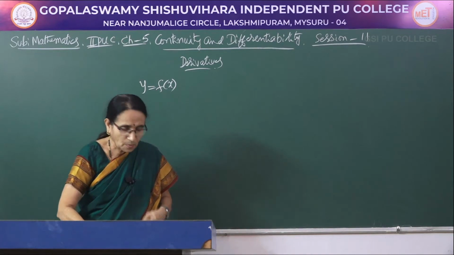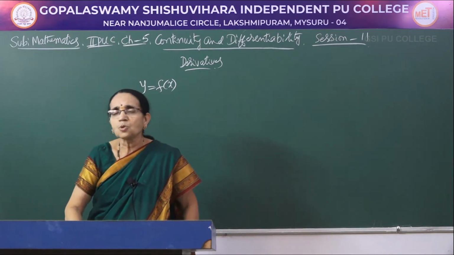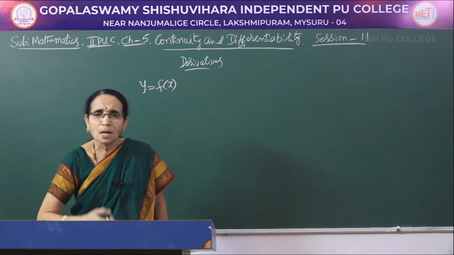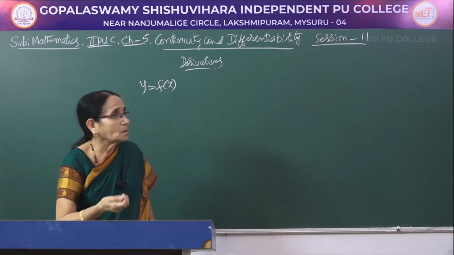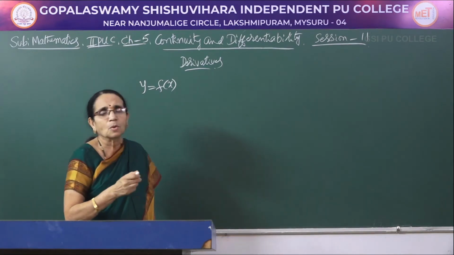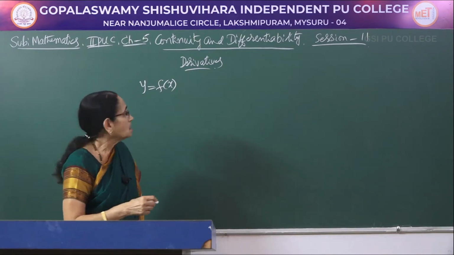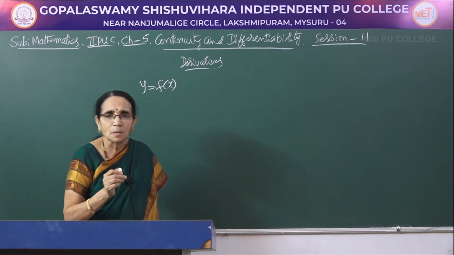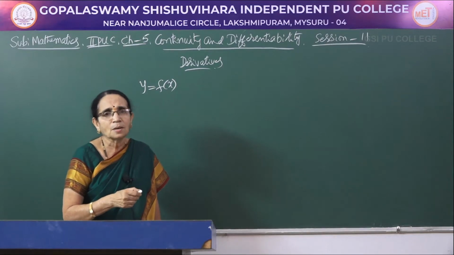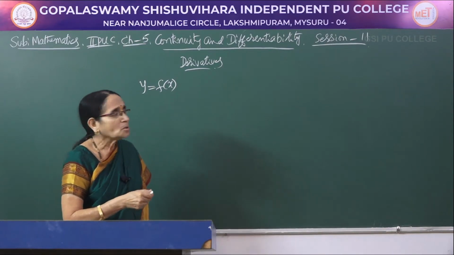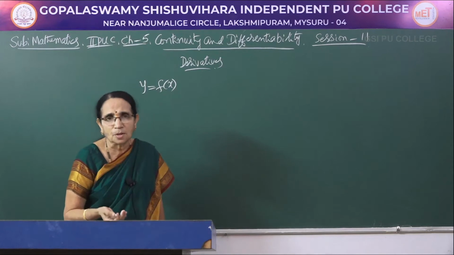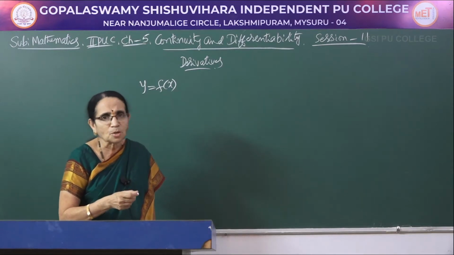Whenever we do the derivation, it should always be in general, and then we will come to the particular function. You know that x is the independent variable and y is the dependent variable, so as and when x changes its value, y also changes its value.